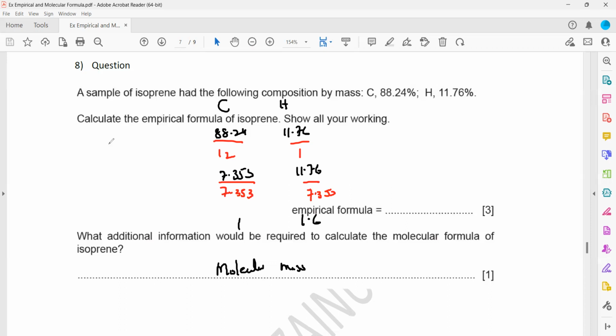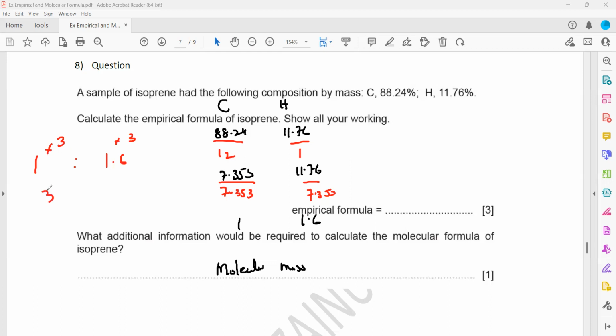So what we do, we multiply. Now one of the values is 1, another one is 1.6. So how to know which number to multiply? If you don't understand this multiplication factor, just try with all the numbers. If I multiply by 2, this will be 2 and this will be 3.2. It's not giving me the whole number. So I should not multiply by 2. Then what if I multiply by 3?